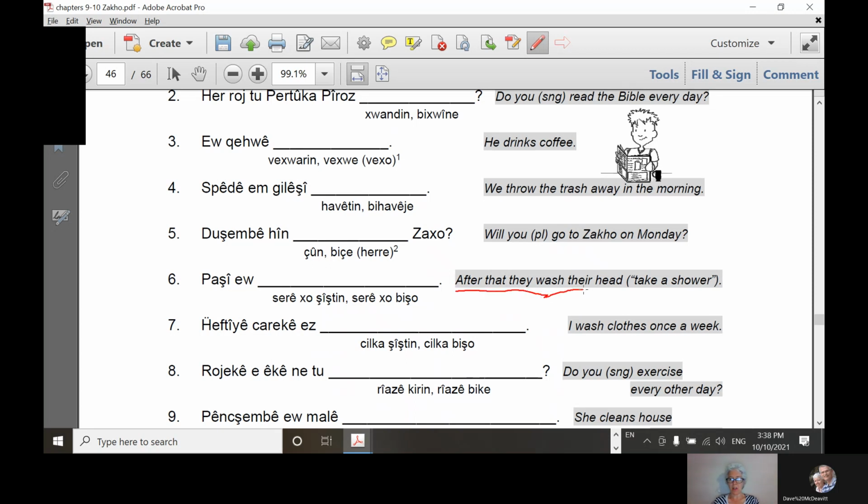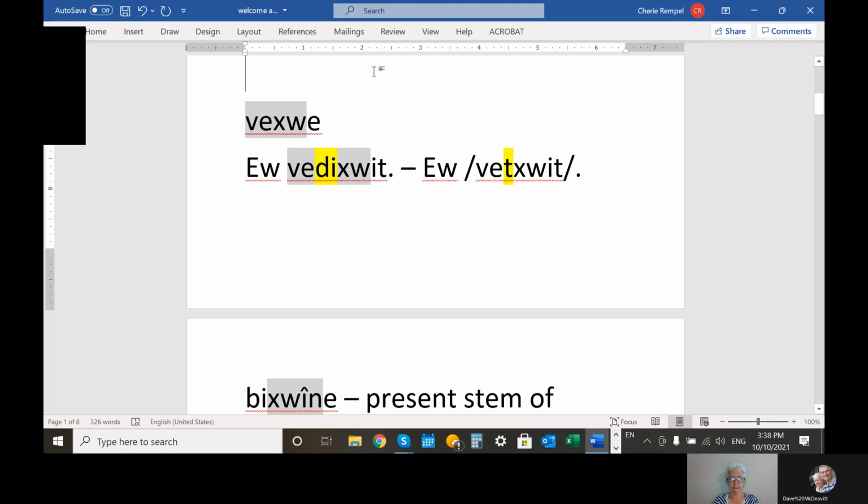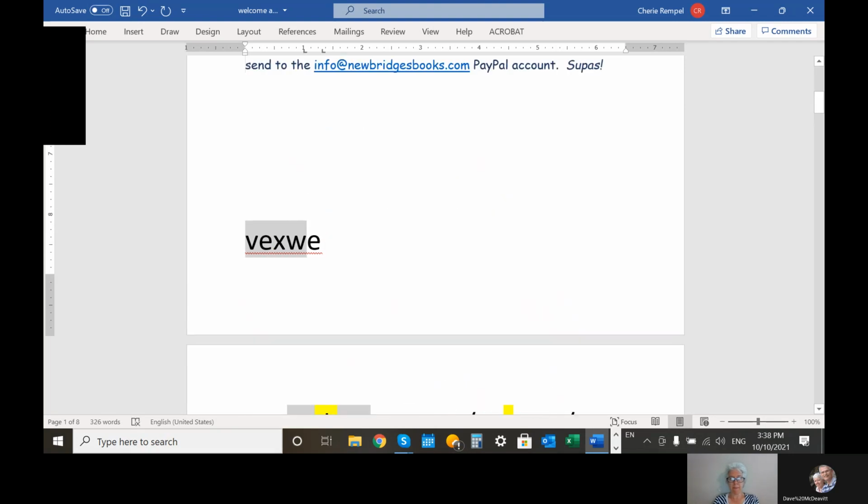After that, they wash their head, or they take a shower is what it really means. Okay, so what's our subject? They. Ao. And then we're looking for the imperative. So the imperative is sere ho bishu. So we're just going to ignore sere ho.